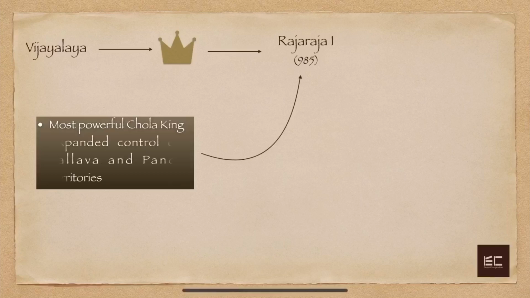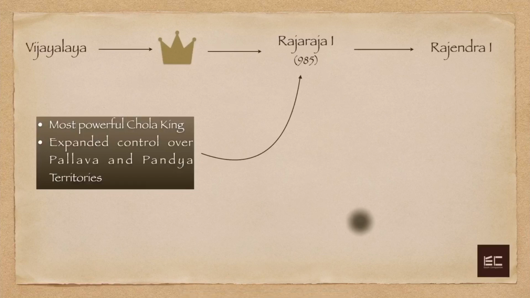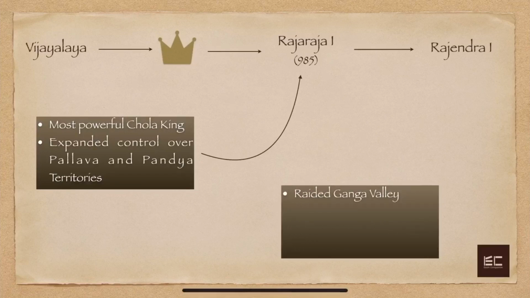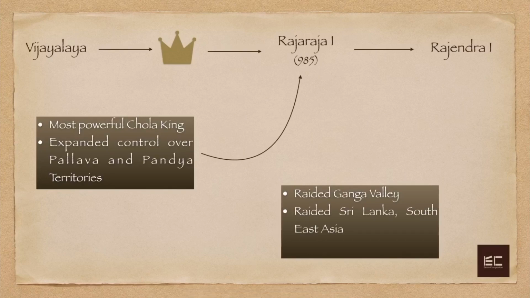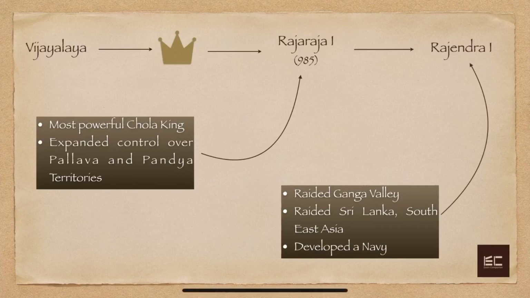His son Rajendra Chola I continued his policies and expanded the kingdom even further. He raided the Ganga Valley. He also raided Sri Lanka and other islands, and he developed a very strong navy for these. Now, Rajendra Chola I and Rajaraja Chola I were 2 of the most powerful Chola kings.